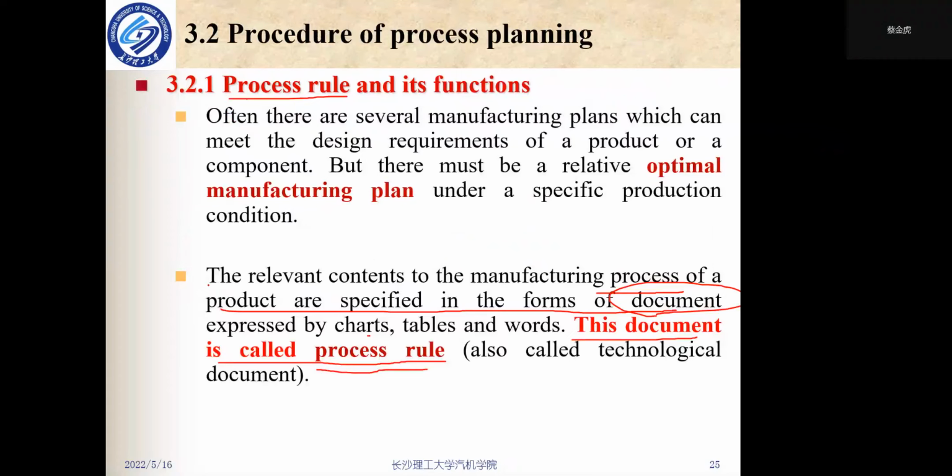And we also learned the procedure of process planning. What is process rule? Some document is called process rule. The document in which relevant content to the manufacturing process of a product is specified in the form of charts, tables, and words, to guide the machining process, is called the process rule.